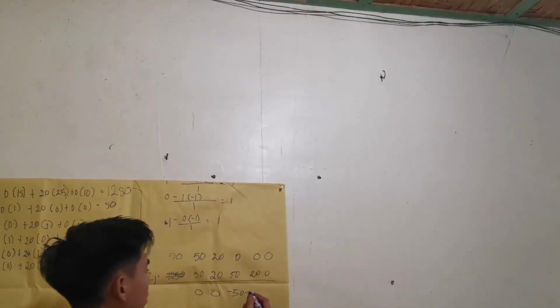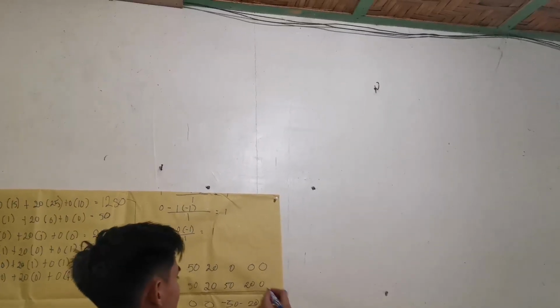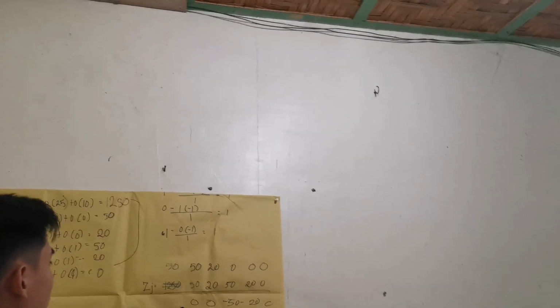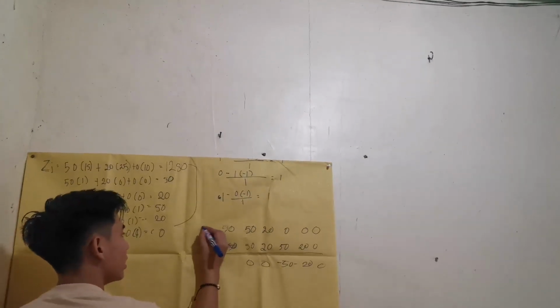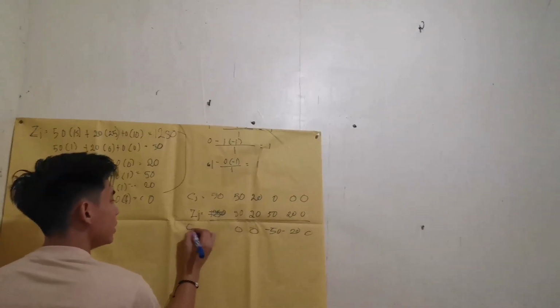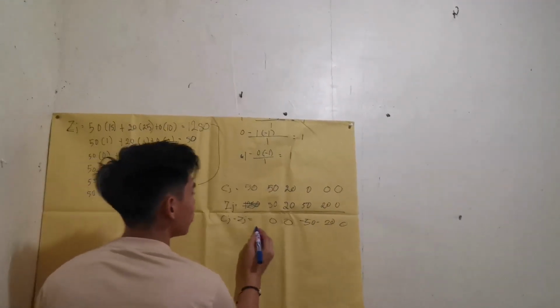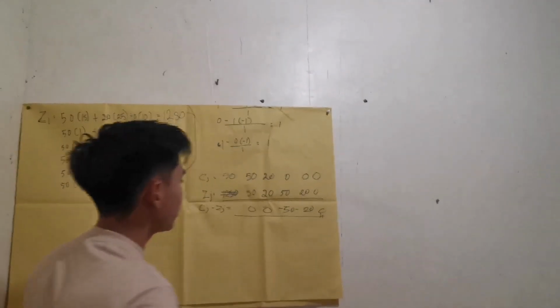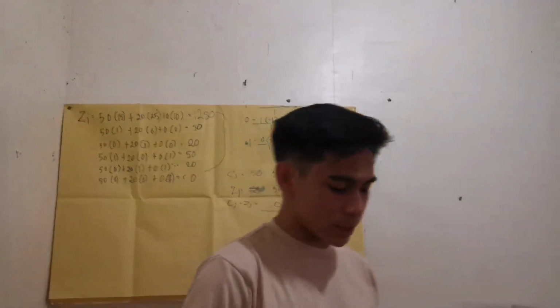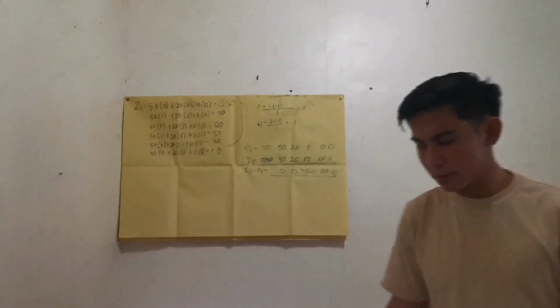And 0 minus 20, negative 20. And 0. So, ito na yung C sub J minus Z sub J row natin. So, next slide.